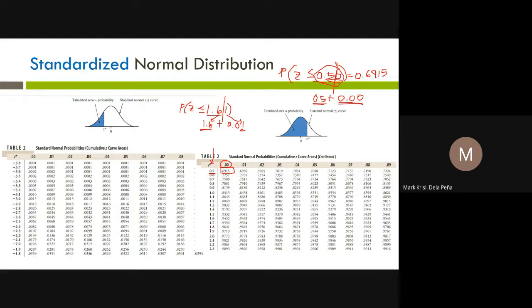Find 1.6. Here we have found 1.6. The next is in the headers, in the first row. Look for 0.1. So you have 0.1 here. Then in their intersection, if we get the intersection of the two, we'll have this value, 0.9463. So this is how we use the z table.